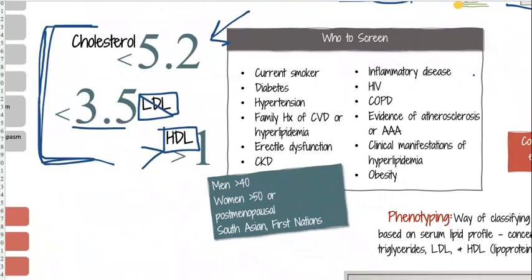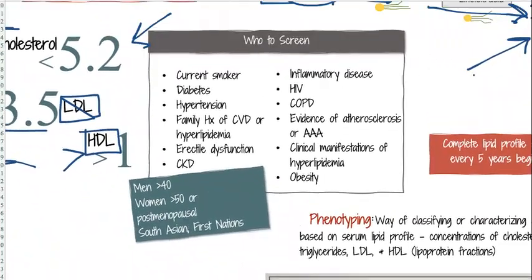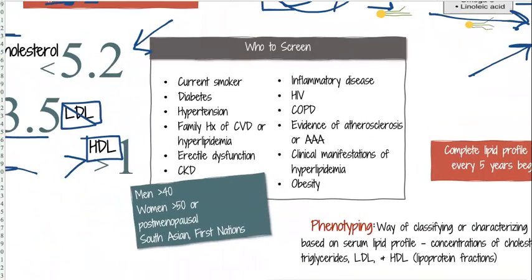How do we find these things out? First of all, we screen. Basically, any men over 40 and women over 50, even if they have no family history or whatever, are screened for dyslipidemia. Any postmenopausal women are screened for dyslipidemia, and that's because of the relationship between estrogen and heart function, right?